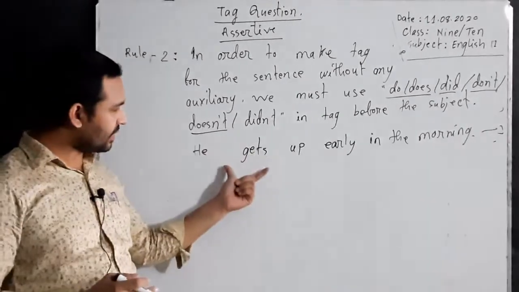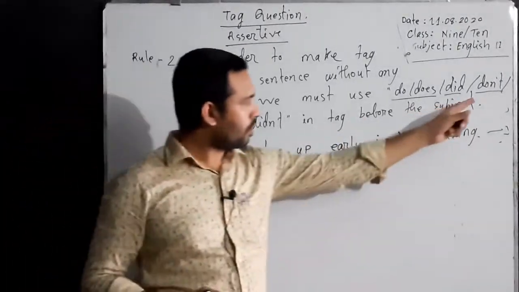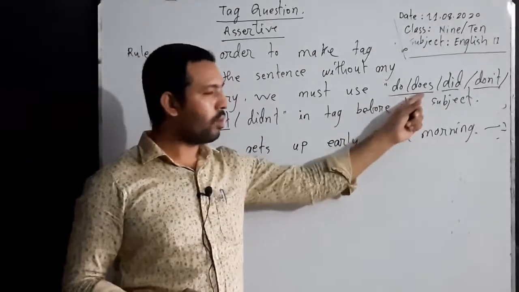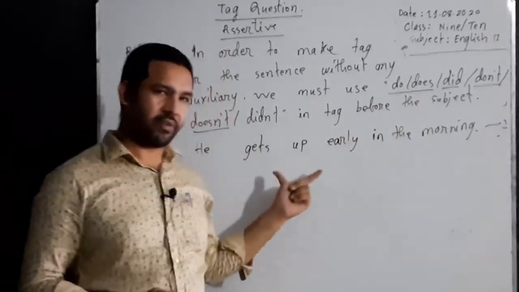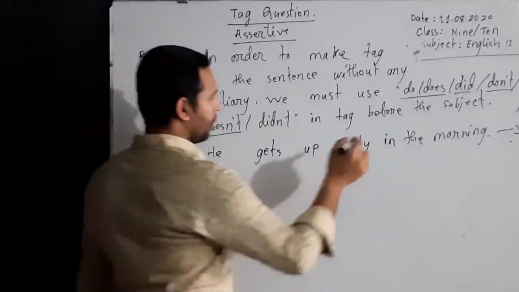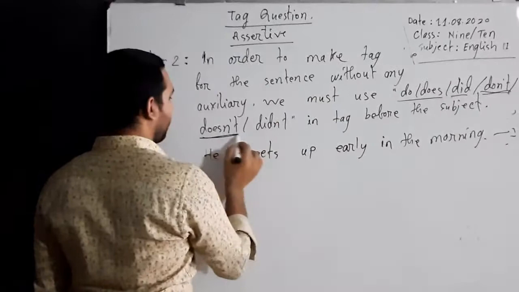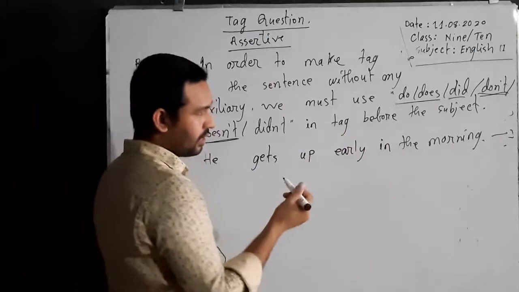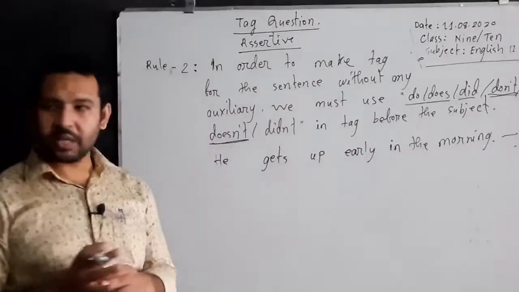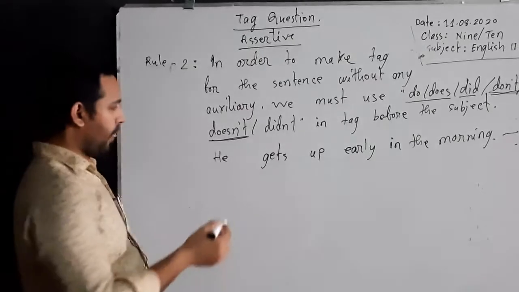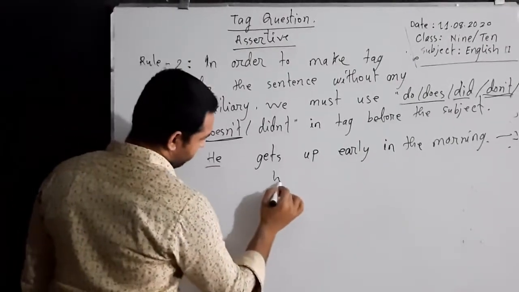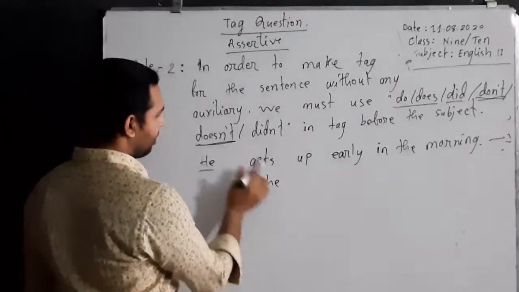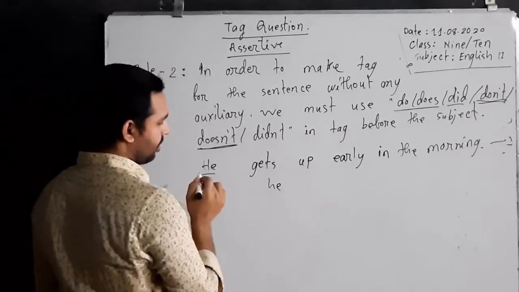If the sentence is affirmative, we have to use don't or doesn't. If the sentence is negative, we have to use do, does. Present tense, affirmative. So we have to use don't or doesn't because the main sentence is affirmative. Then what should we use? Don't or doesn't? There are 2 options. What is the subject? The subject is he. And what should we put before he? Don't or doesn't? Of course doesn't.